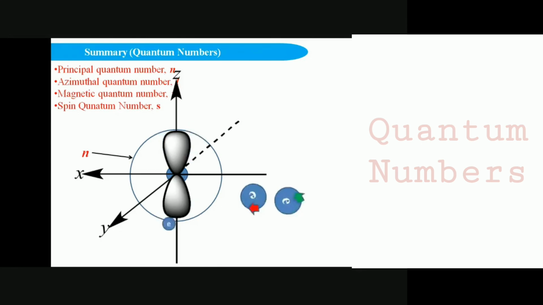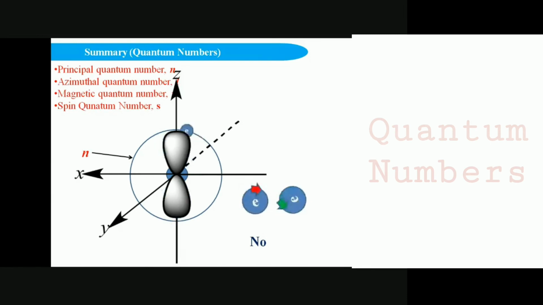Is there any possibility of having two electrons with all quantum numbers the same? The answer is no, because if we have the same principal quantum number, the same azimuthal quantum number, and the same magnetic number, the spin quantum number will be different, plus half and minus half.